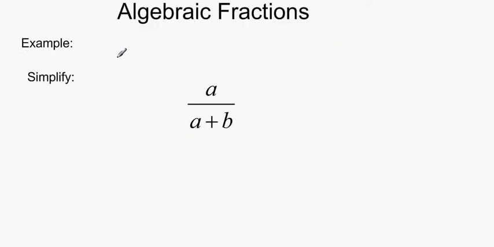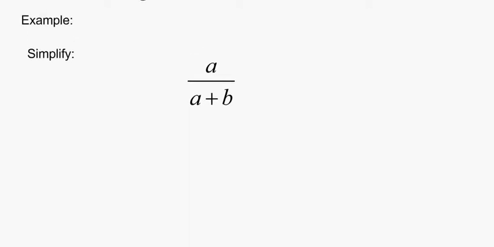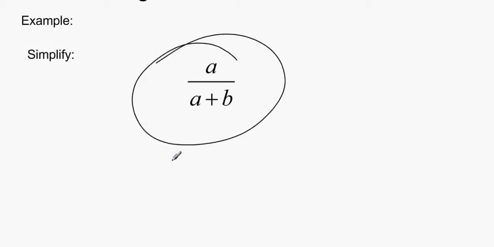So here let's look at an example. Here we have a divided by a plus b. Now we have to again go through that checklist and ask ourselves, do we have anything being divided? Yes, we do. We have a divided by a plus b. But can we do anything?